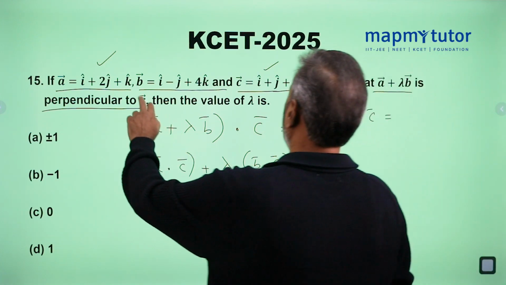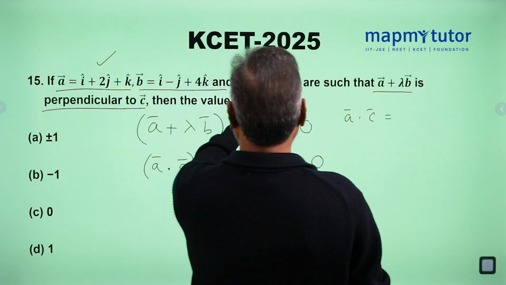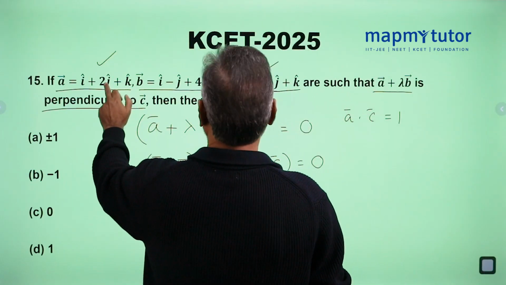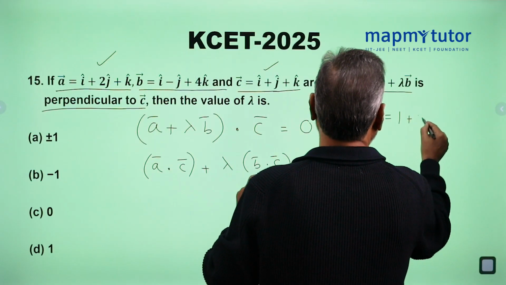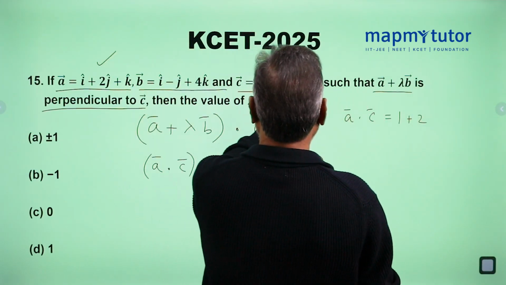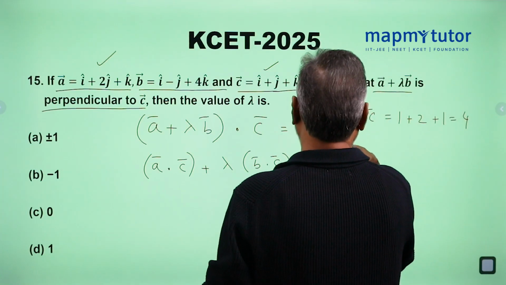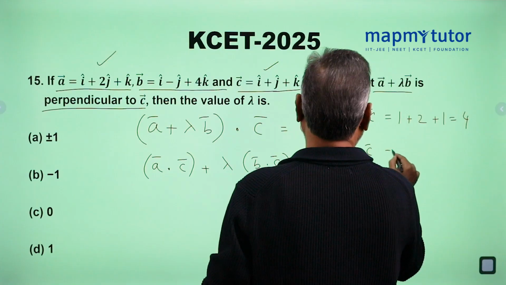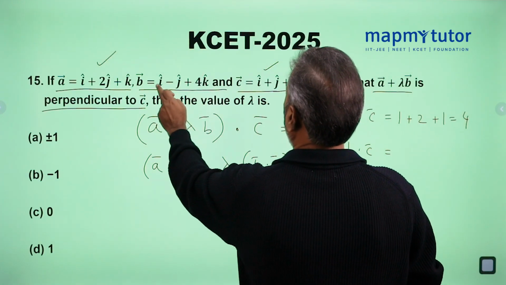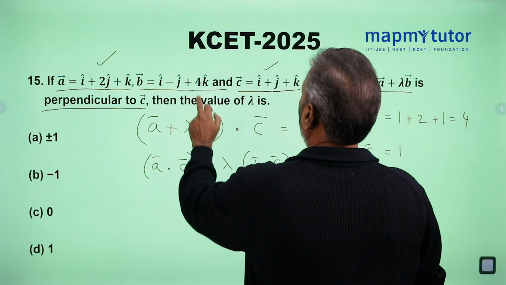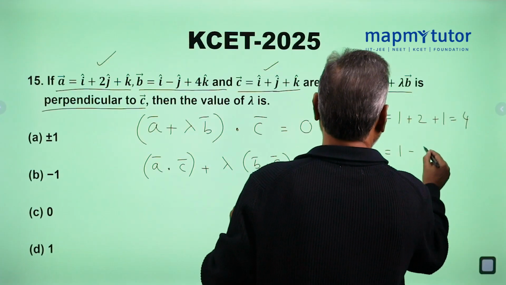Now, let us do it for A and C. 1 and 1, 1. 2 and 1, 2. Plus 1 and 1, 1. So, 4. That is A dot C. And how to find B dot C? Same, but now between B and C. 1 and 1, 1. Minus 1 and 1, minus 1.